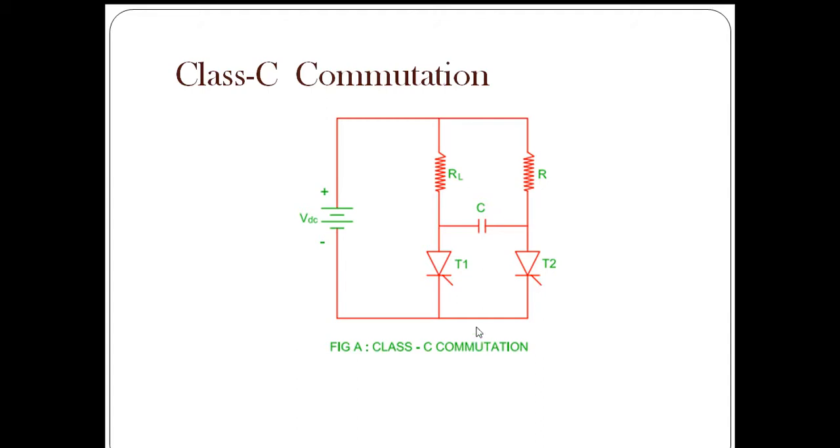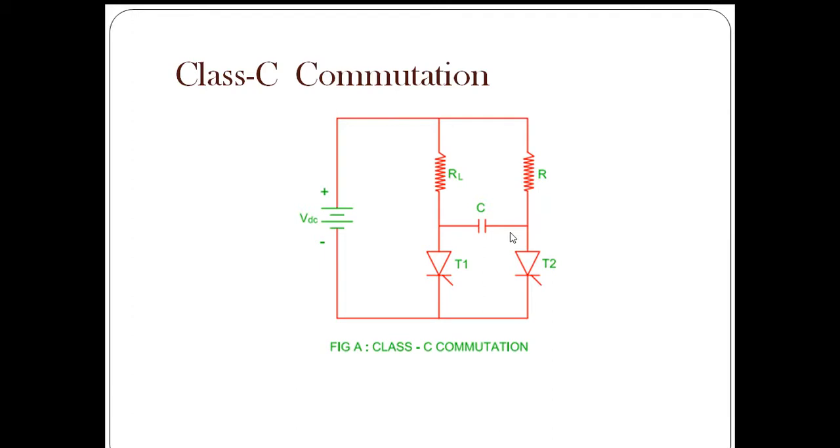In this, to commute one thyristor, we are turning on another thyristor. To switch off one thyristor, we are giving a firing pulse to turn on another thyristor. Assume initially we are giving a trigger pulse to any one of the thyristors. Suppose we have fired thyristor T2, then T2 will be in conduction as it is subjected to forward bias.